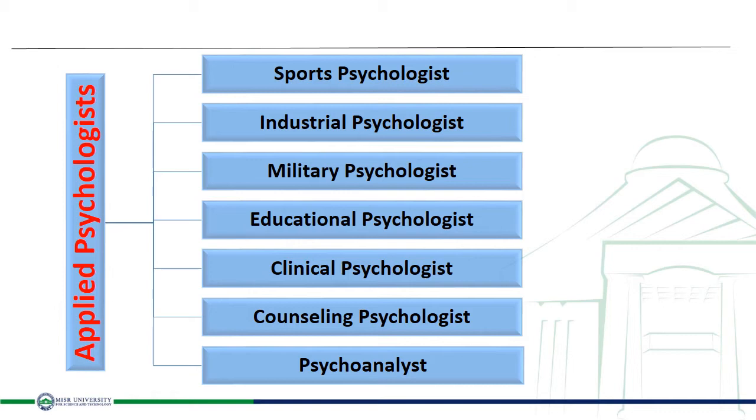And if you are trying to put the results of this research into practice, to apply them, in that case, you are referred to as a school psychologist. But in Egypt, there is no difference between educational psychologists and school psychologists, so you can use them interchangeably.